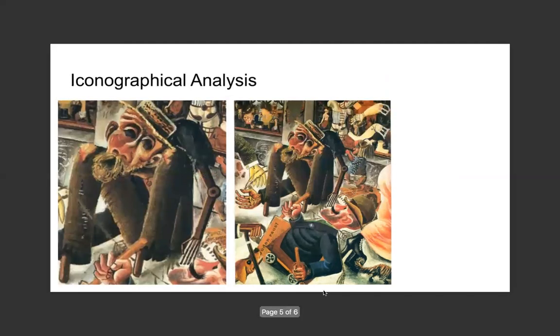Moving on to iconographical analysis. This is when we can actually start identifying what we see in the image. So let's talk about this figure in the middle here. Firstly, we can say comfortably, I think, that this is a man. We can tell by the beard.